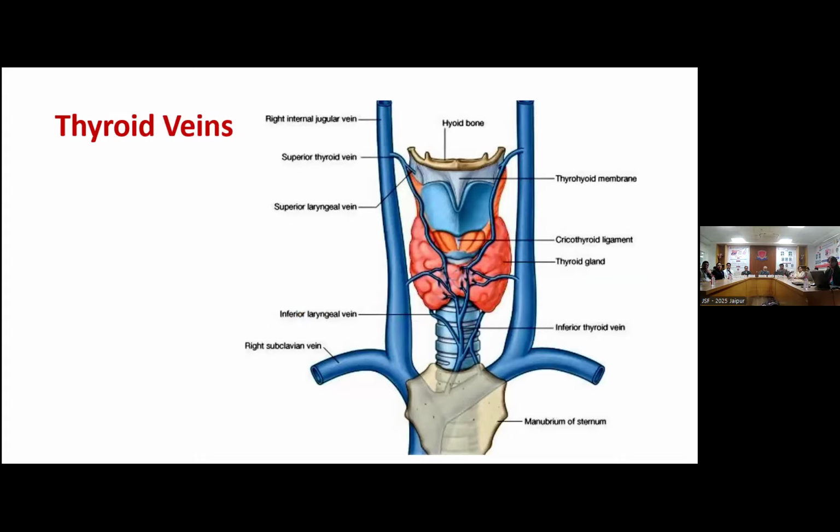Obviously, when there is a lot of arterial input, the system has to drain out also. The middle thyroid vein is probably the first structure we encounter when we lift up the lobe toward the tracheoesophageal groove. So careful dissection and ligation of the middle thyroid vein is probably the first step when we start mobilizing the gland.